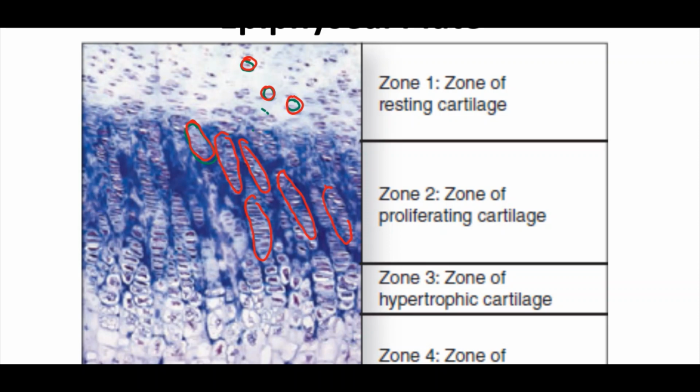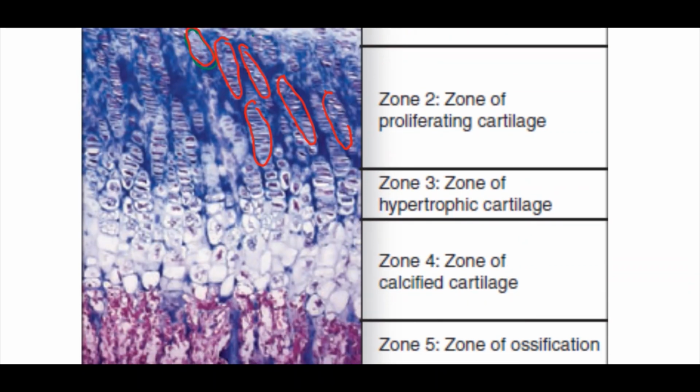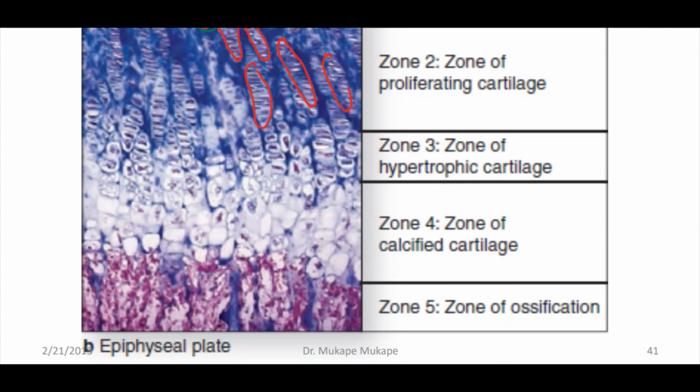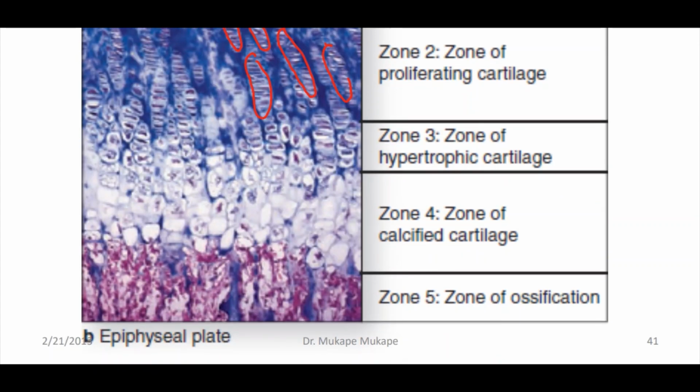Now, after the cartilage proliferates, it is going to start becoming big. So this is called the zone of hypertrophy. So the cartilage will start becoming big. After the cartilage hypertrophies, it will now be calcified.